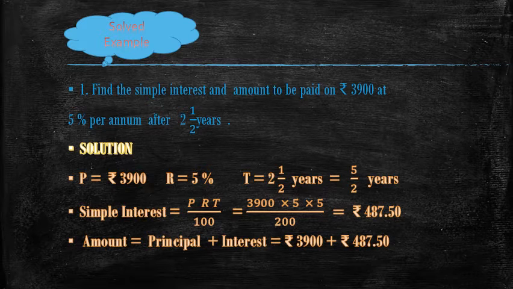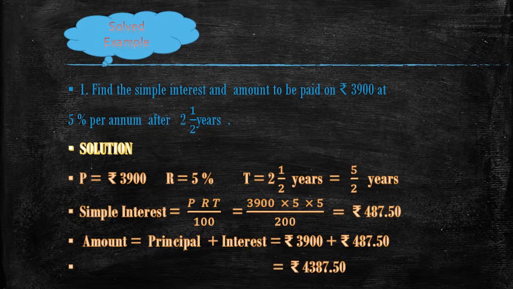And to get the amount, it is the sum of principal and the interest. That's equal to rupees 3,900 plus rupees 487.50. That's equal to rupees 4,387.50.